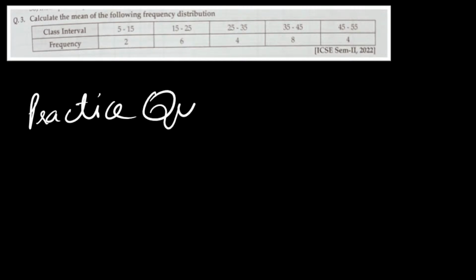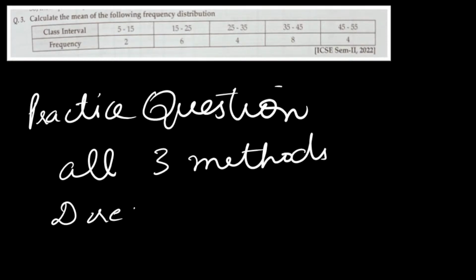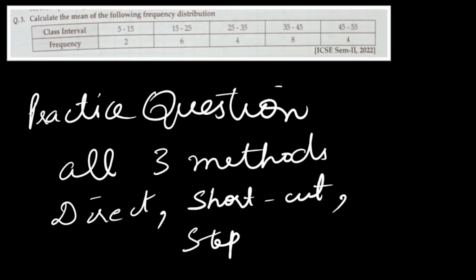Yes, so this third question you can take as a practice question, and you can do this with any method. Question number 3 is a practice question. You can try this question with all three methods. All three methods means direct method, shortcut, and step deviation. And you can figure out that the answer with all the methods is the same only. You are not getting any different answer with different methods.